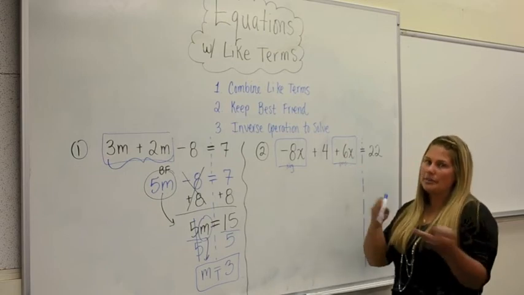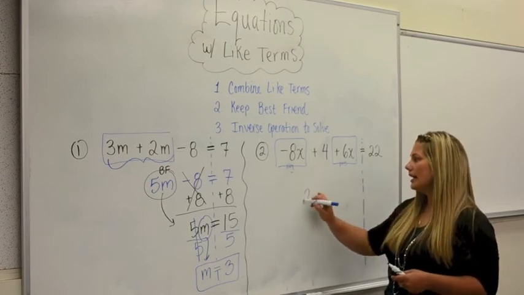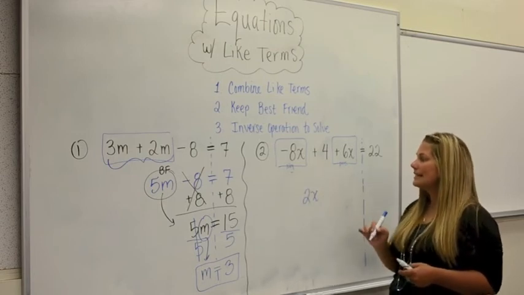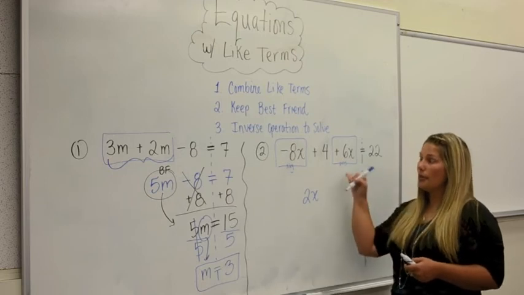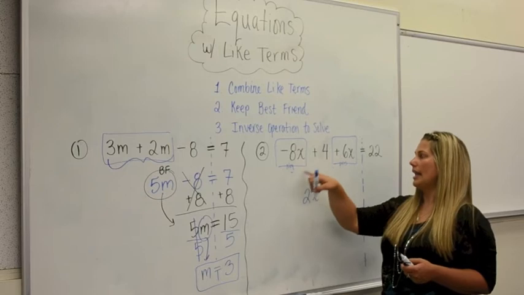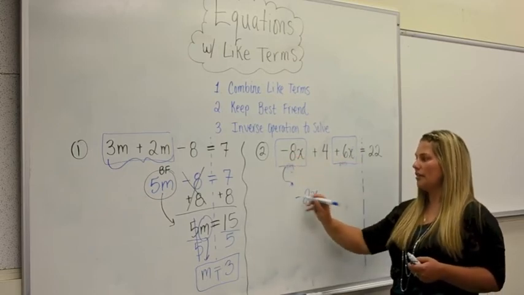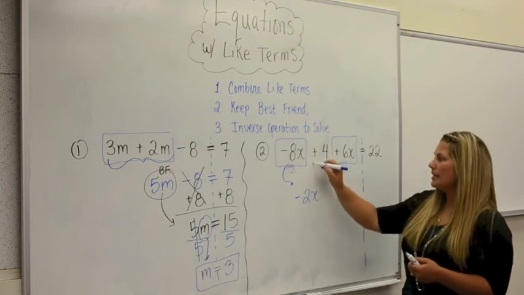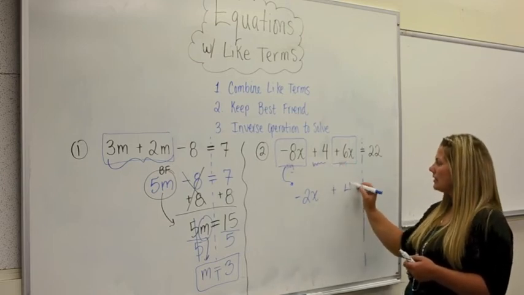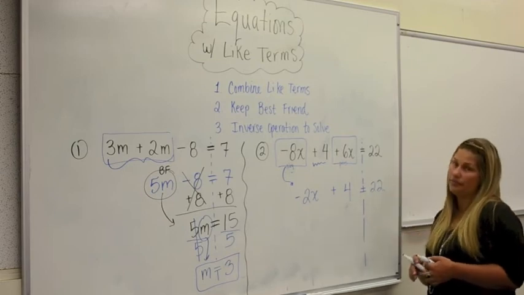So now that goes back to our integer rules. Different sign, subtract. 8x minus 6x is 2x. But remember, we have to keep the sign of the larger one. 8 is larger than 6, which means I have to bring down that negative. But then I still have that plus 4, and over here I still have the equals and the 22.